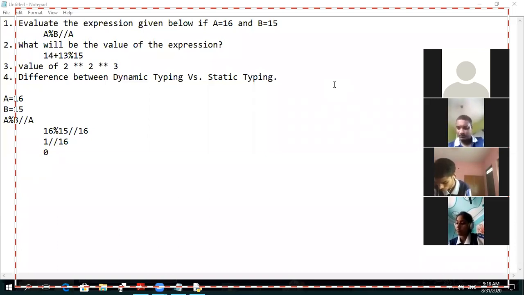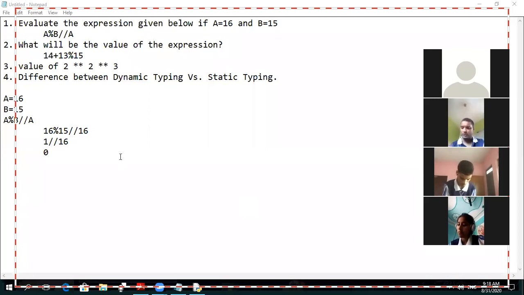Now Karthik, Kaushal, Lokesh, and only these three answers are correct. Kaushal's answer is correct, Karthik's is correct, and Lokesh's is also right. The remaining answers are wrong till now.